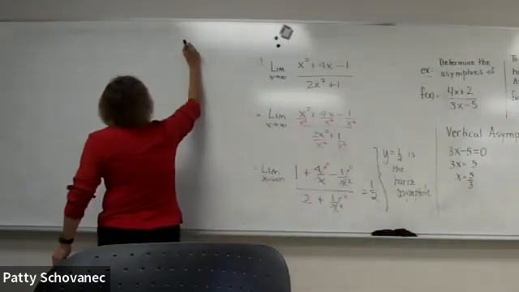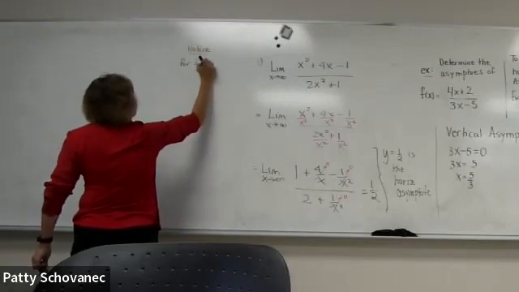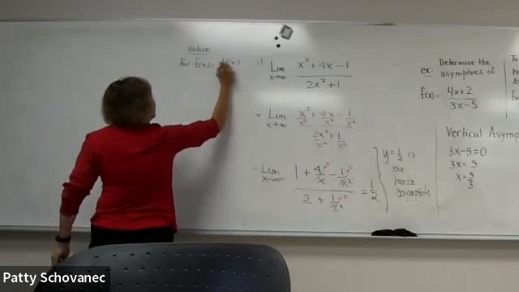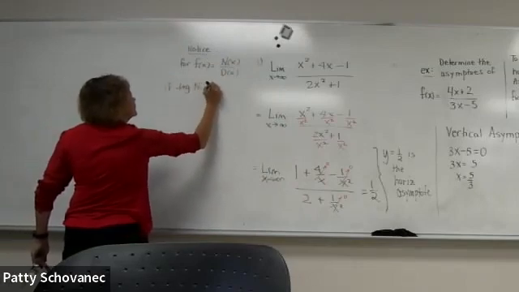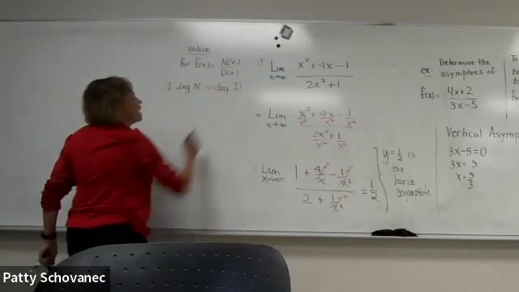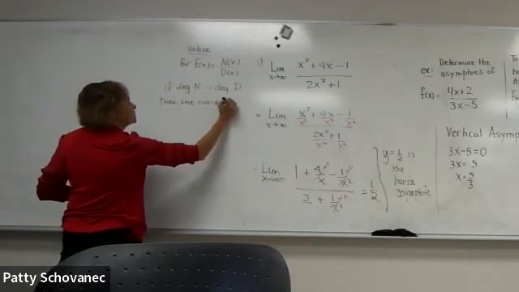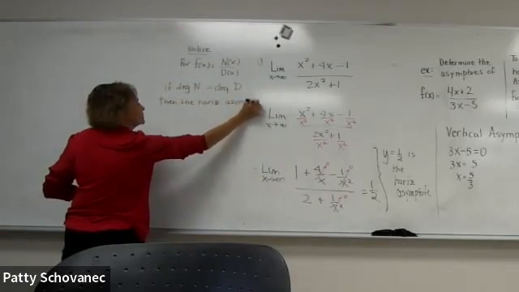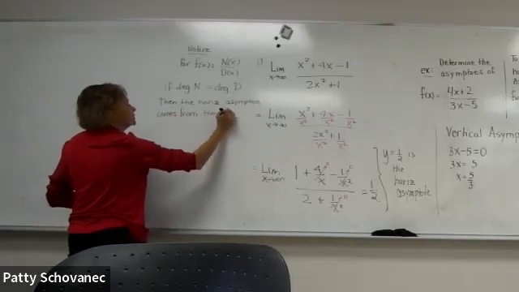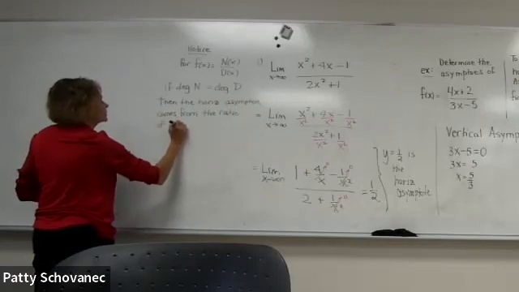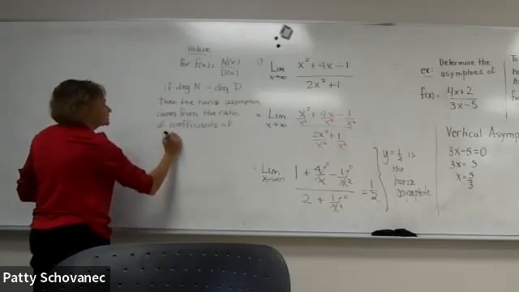So notice, for f of x that has a numerator and a denominator, if the degree of the numerator is the same as the degree of the denominator, then the horizontal asymptote comes from the ratio of the coefficients of the highest power of x.